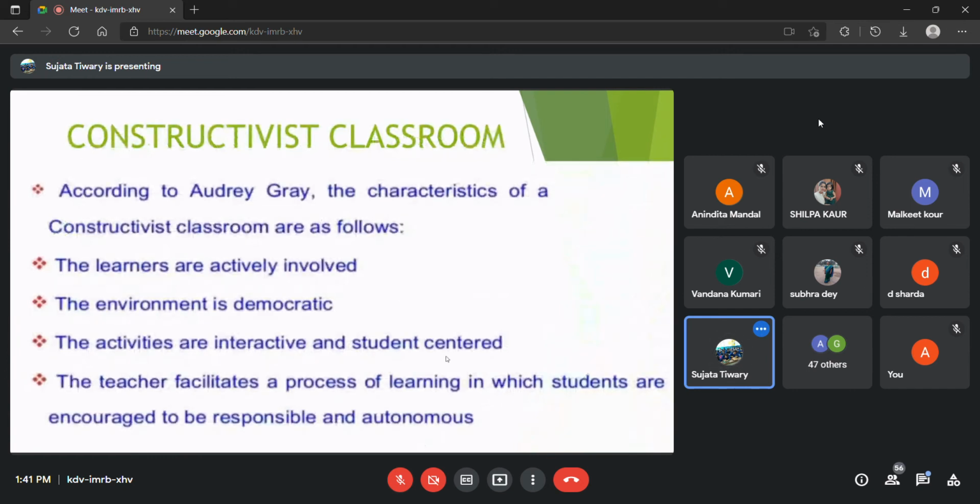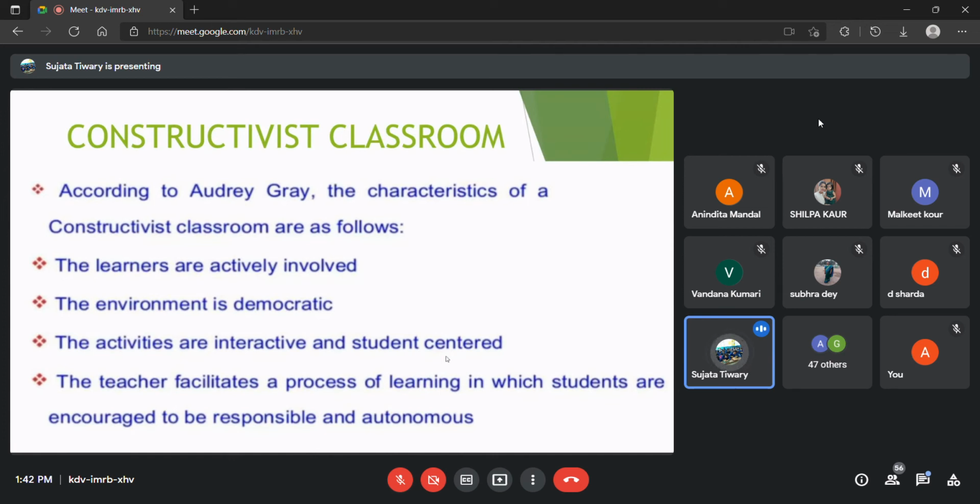Now, constructivist classrooms have some characteristics. Let's see. According to Andrew, the characteristics of constructivist classrooms are as follows. The learners are actively involved. The environment is democratic. The teachers as well as students are equally responsible.